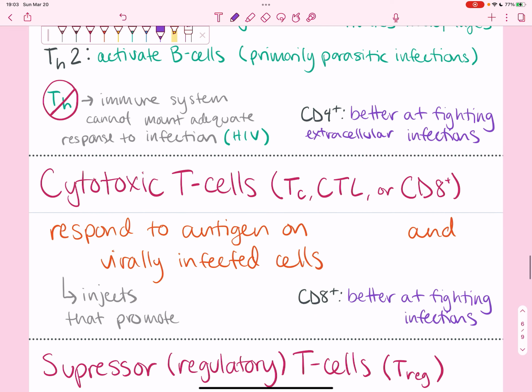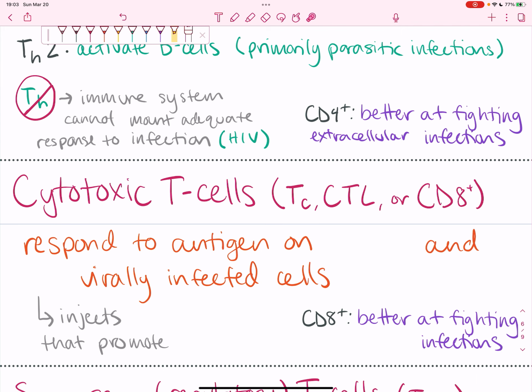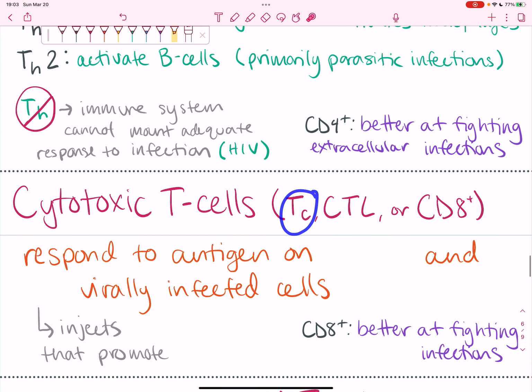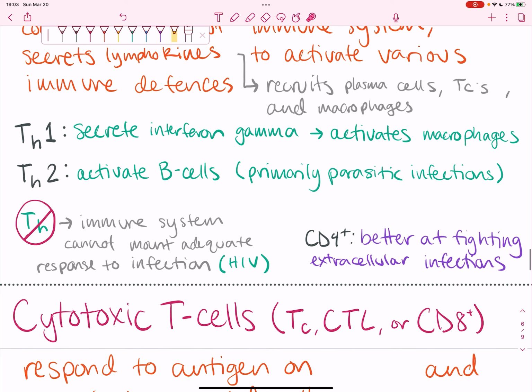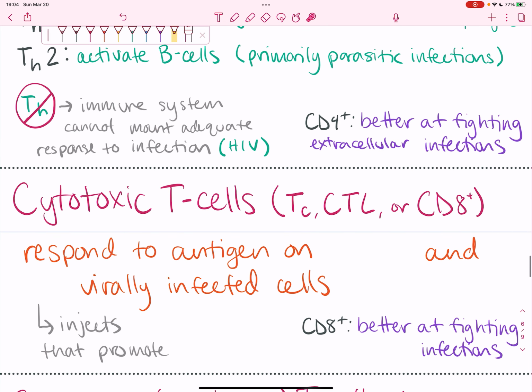Alright. Now, cytotoxic T-cells. TC, that's what that is. TC is cytotoxic T-cells, also known as CD8+, as was mentioned earlier.